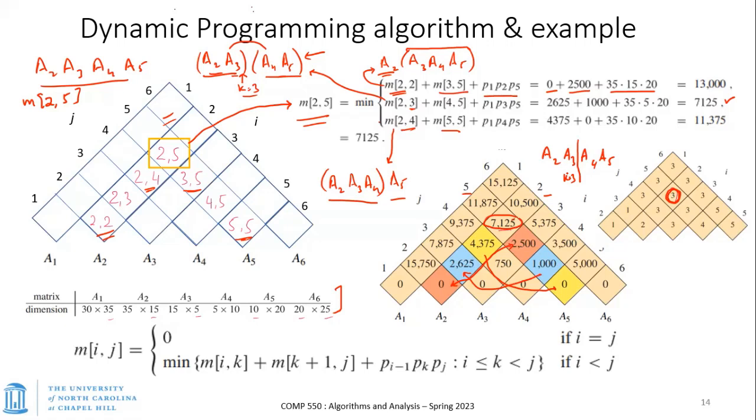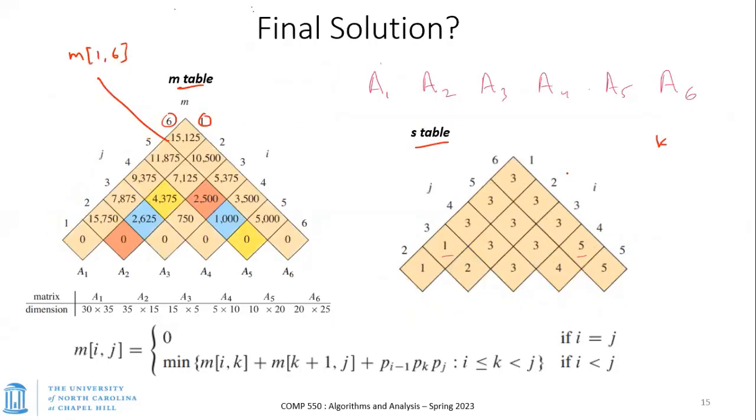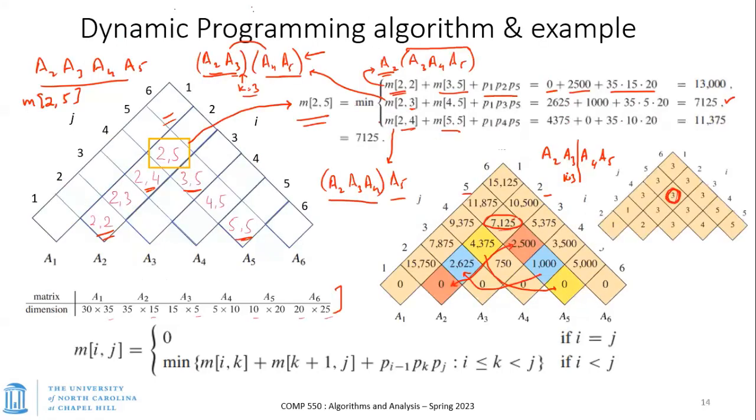Okay. So now can somebody tell me what is the final parenthesization sequence? Where do we start from? Start bottom up or top down? Think about this problem. Let's say that this is the problem we're trying to solve.